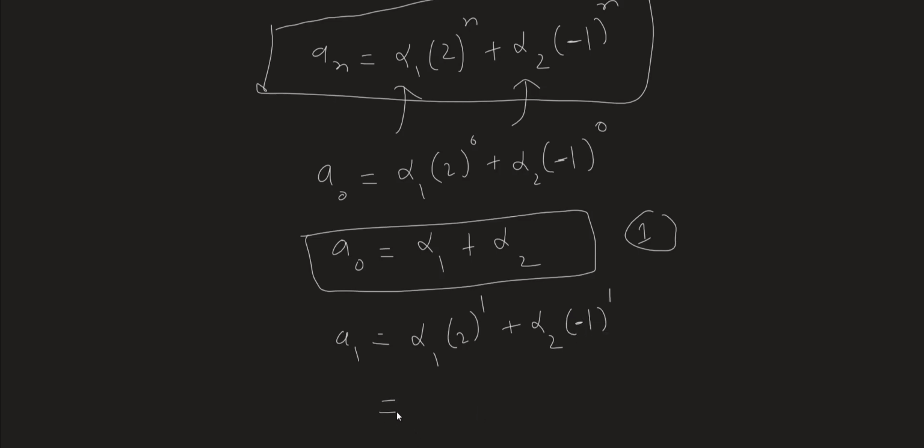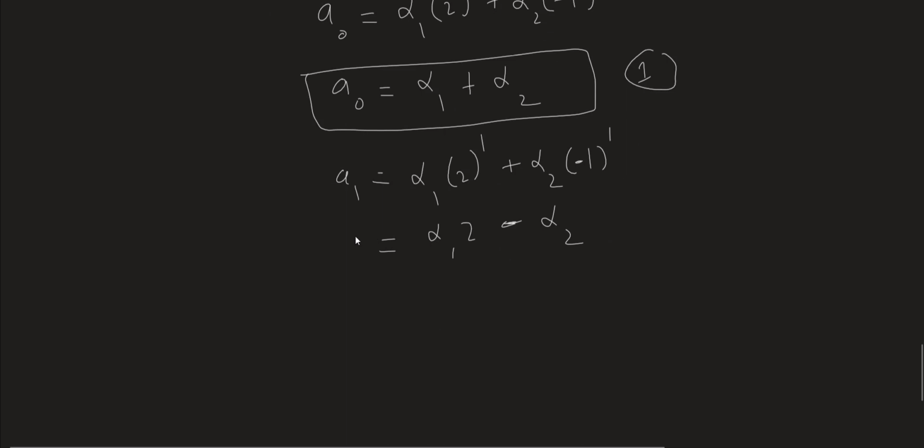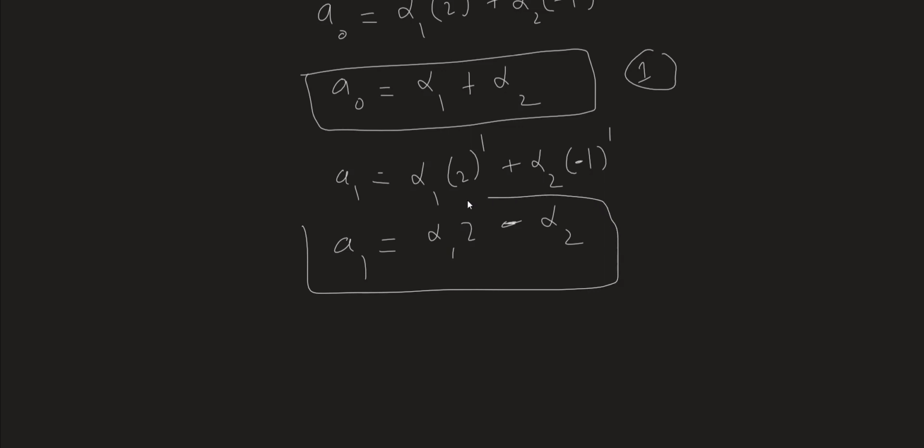So this will be equal to alpha 1 times 2 minus alpha 2. So A1 is equal to alpha 1 times 2 minus alpha 2. So let's call it equation 2.